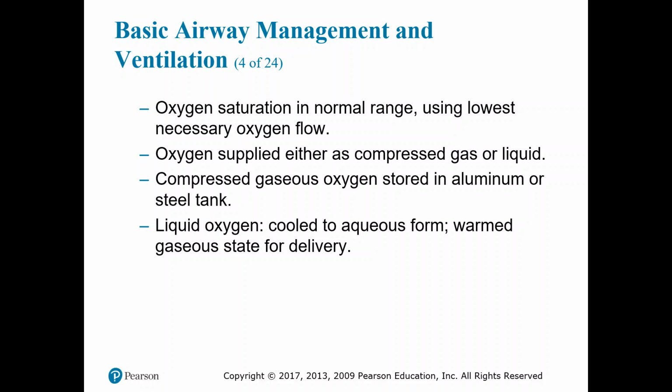To calculate how long the oxygen will last, use the appropriate formula. The same formula, but with different constant for each cylinder: 0.16 for a D cylinder, 0.28 for an E, and 1.56 for an M. So our oxygen supply formula, the D cylinder tank life in minutes would be the tank pressure in PSI, which is on our gauge, times 0.16 divided by the flow rate you choose, or your liters per minute.